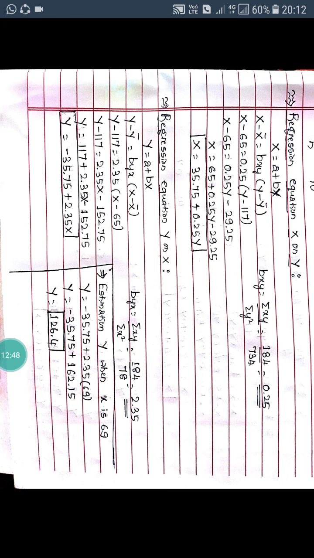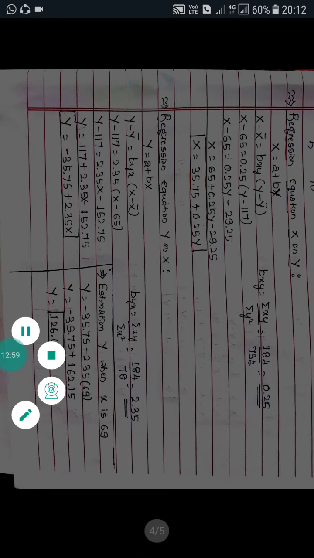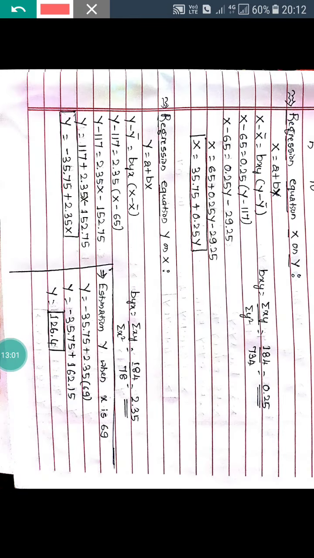It is a frame formula of x on y. Next, the main formula is, when x on y is there, first x minus x bar equal to bxy bracket y minus y bar.